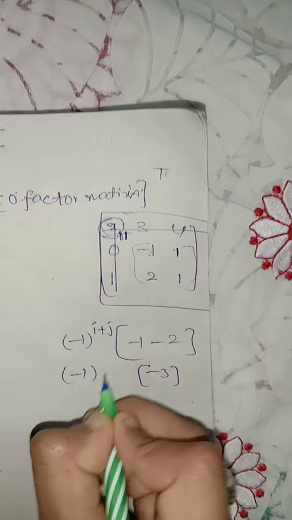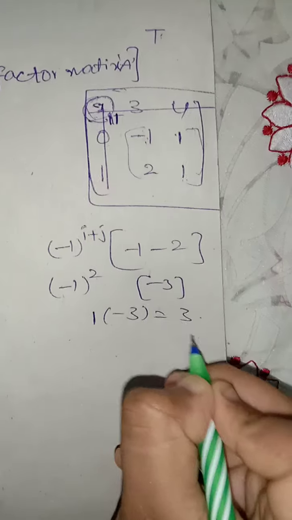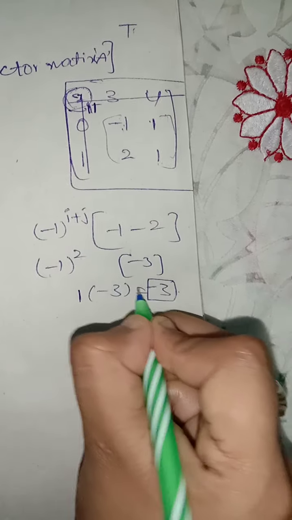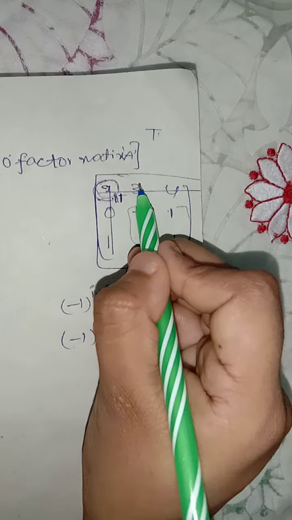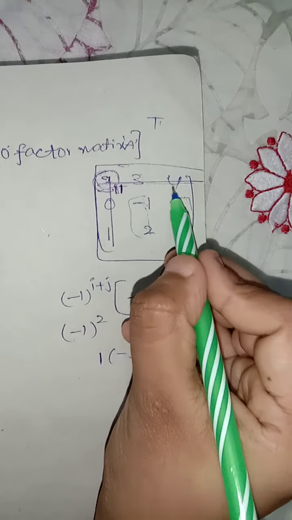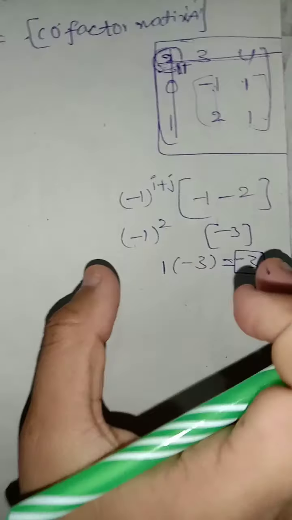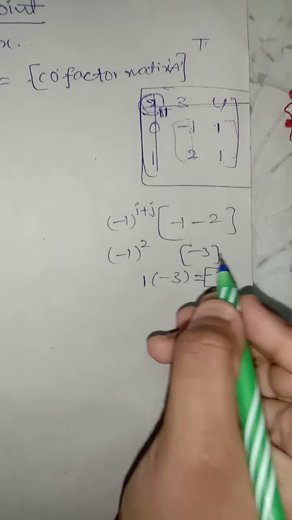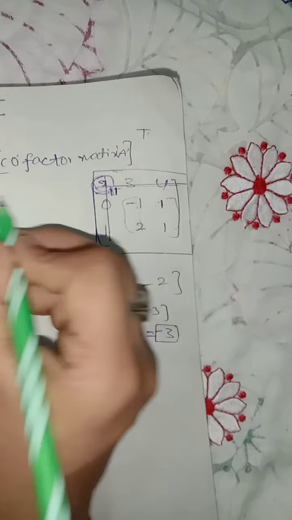So minus 1 whole to the power of 2, that is 1, into minus 3, that is minus 3. Minus 3 is the cofactor of 2. Same for 3 also, and we can find the cofactor for all the elements in the same way, finding the cofactor of each and every element and writing them in their order.